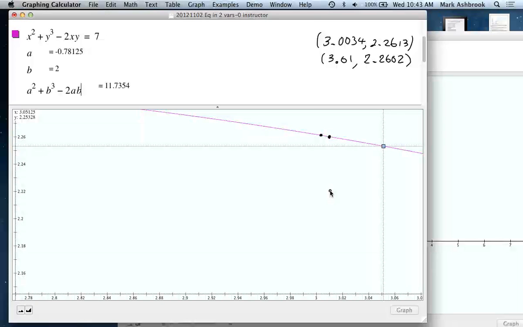Okay, so there's these 2 points that we got on the curve. I got the coordinates. So tell me, did you find the rate of change?